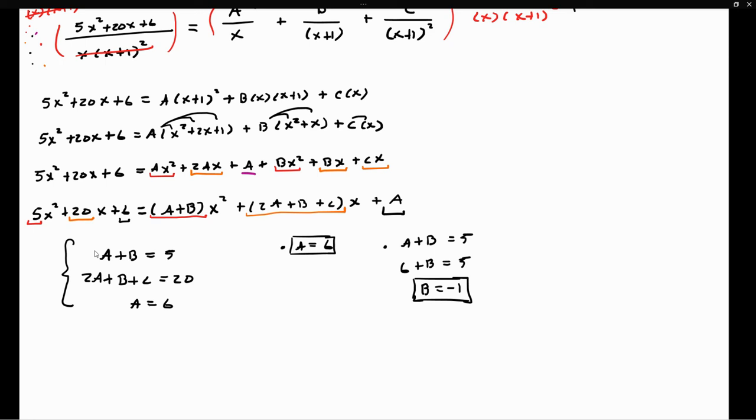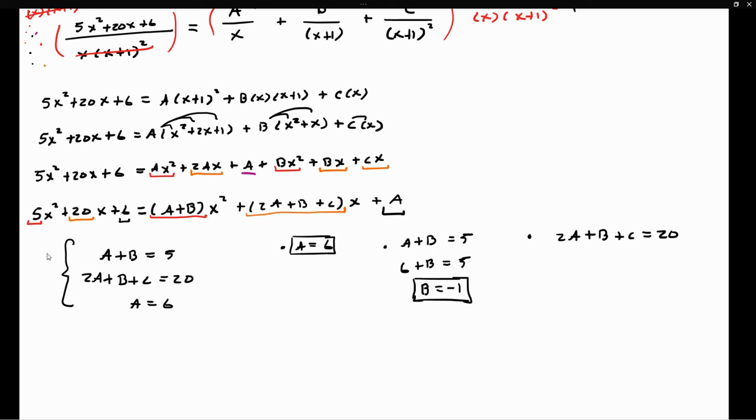So the only thing that we're missing is the value of c. But where can we get c? Well, notice that in my second line, I already know the value of a, I already know the value of b, so if I plug them in, I can definitely solve for c. So let's just do that. For the second line, a plus b plus c is equal to 20.